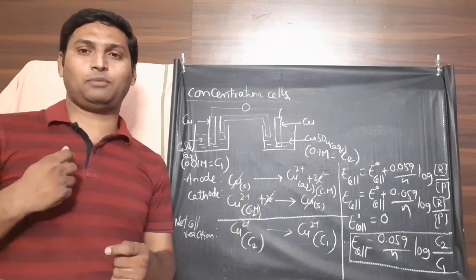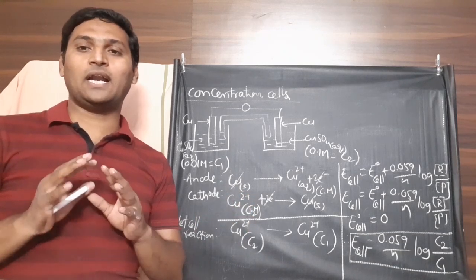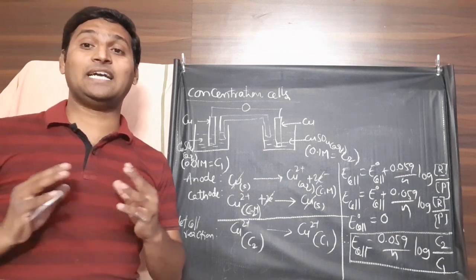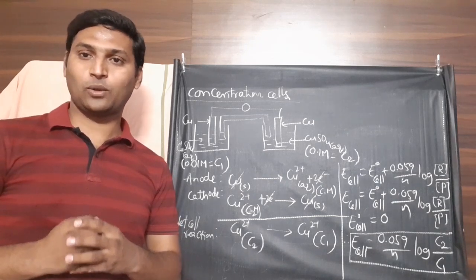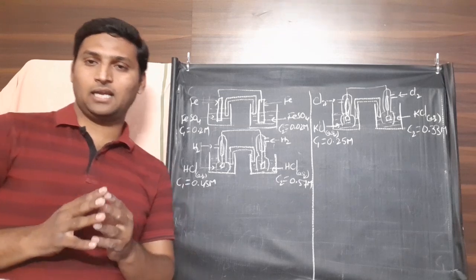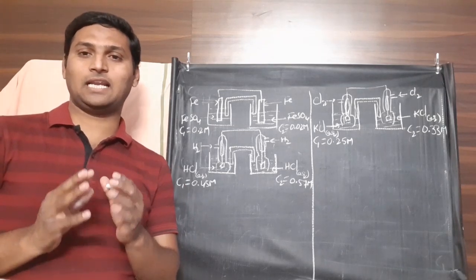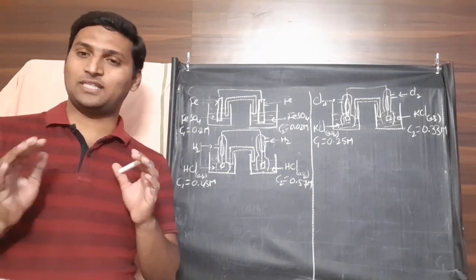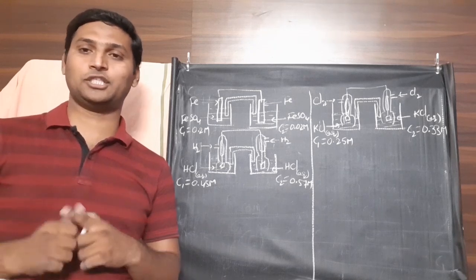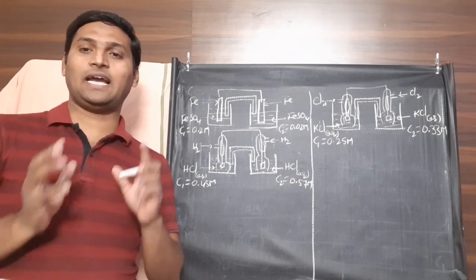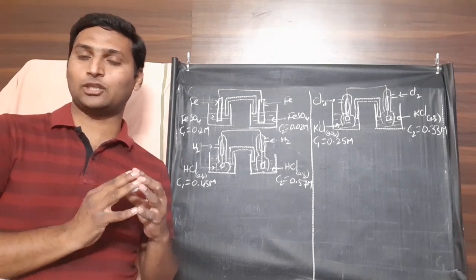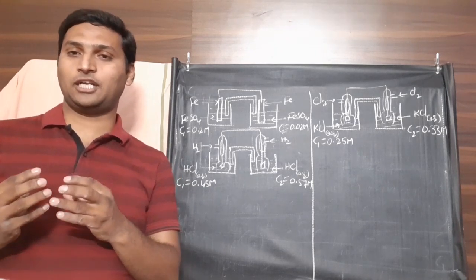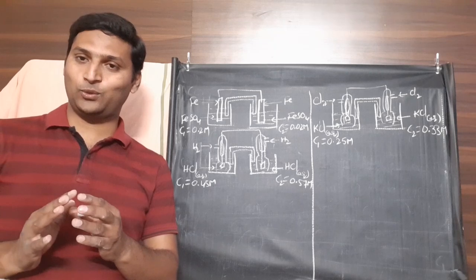We will take probably 2 more examples to understand it better for all the kinds of possible cases. Okay? So after understanding that a concentration cell contains both electrodes with the same composition but different concentrations, the one having higher concentration of cations acts as cathode and the one having lower concentration of cations acts as anode.